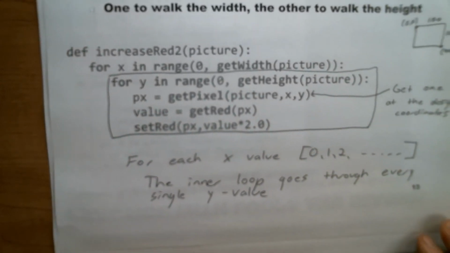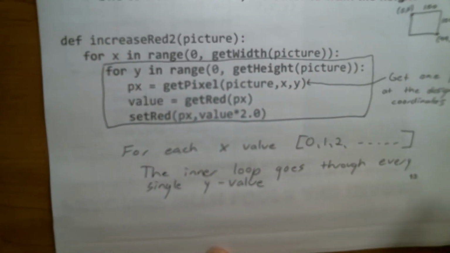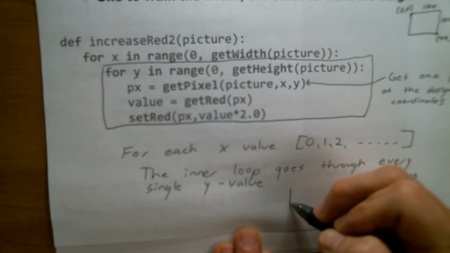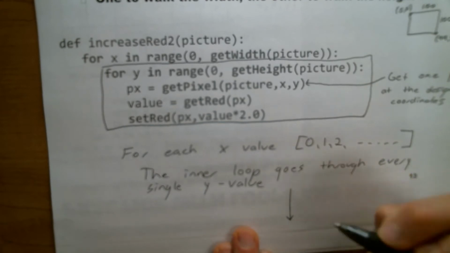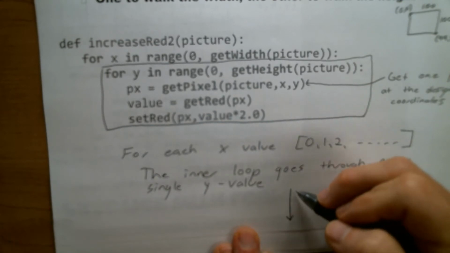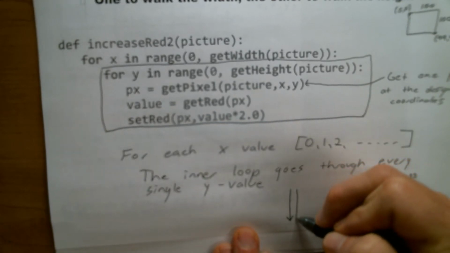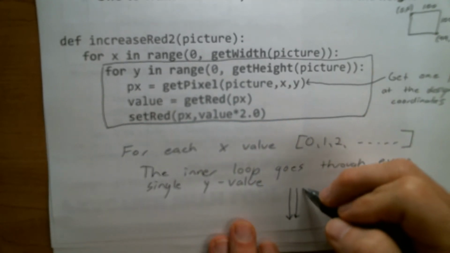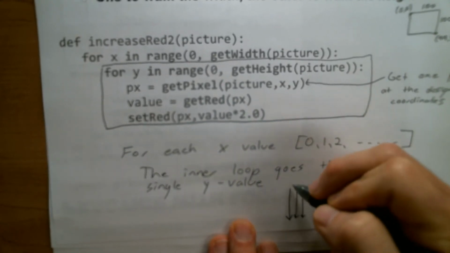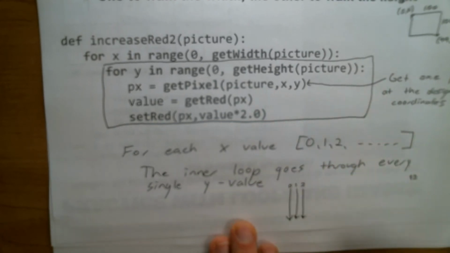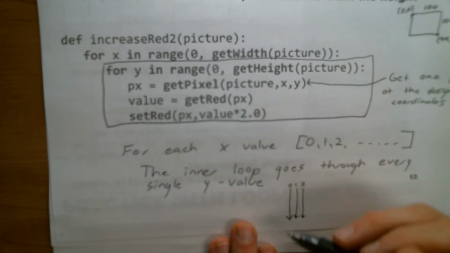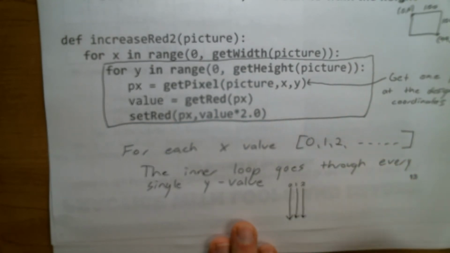So if we want to visualize what that looks like, X is staying at 0, but then we're going through all the Y values. Then X moves over to 1, and we're going through all the Y values. Then X goes over to 2, so 0, 1, 2, and we go through all the Y values. So we're working through the picture one column at a time.